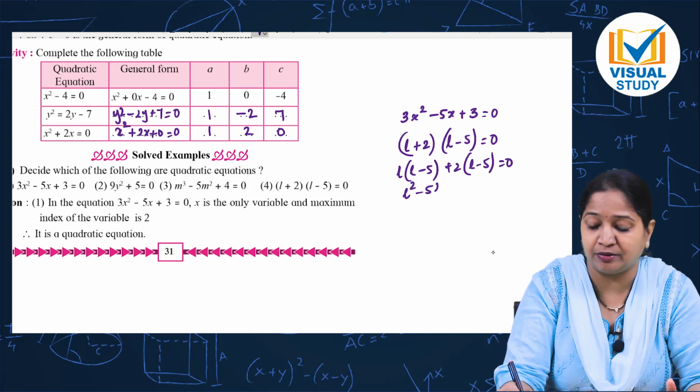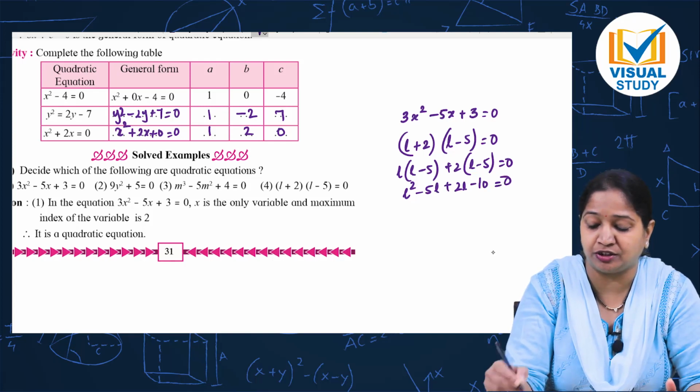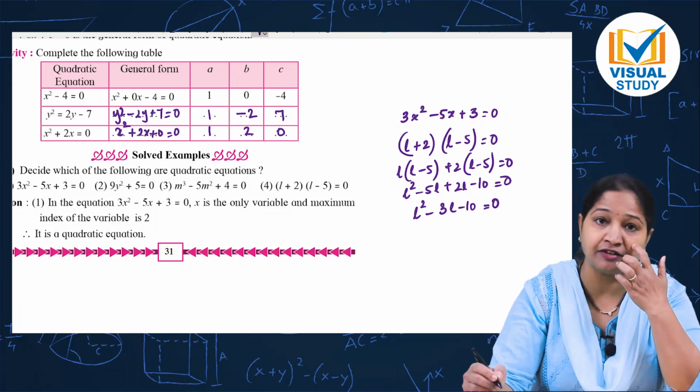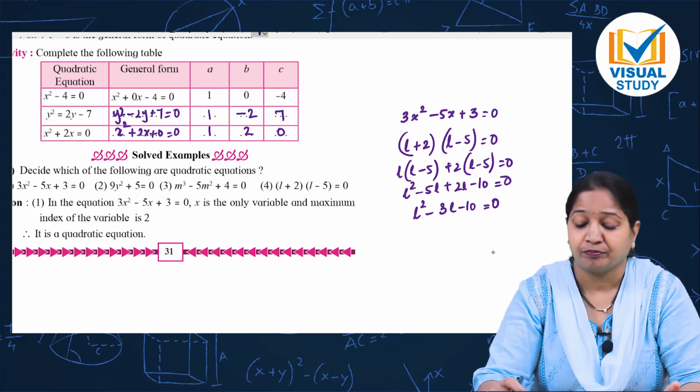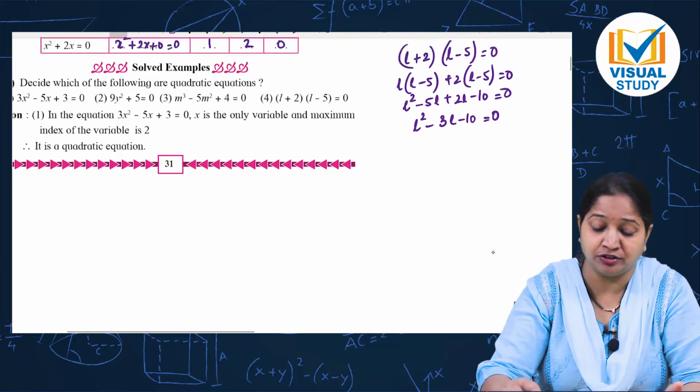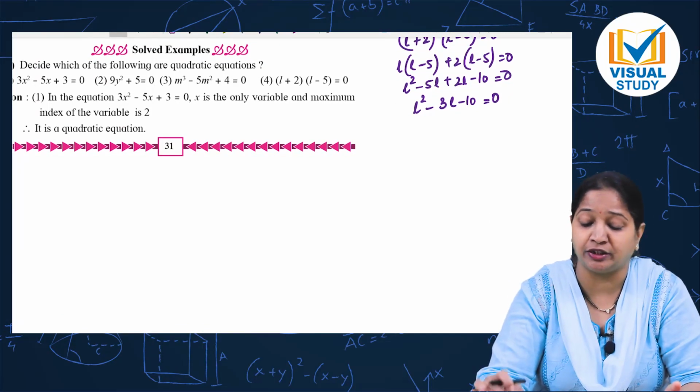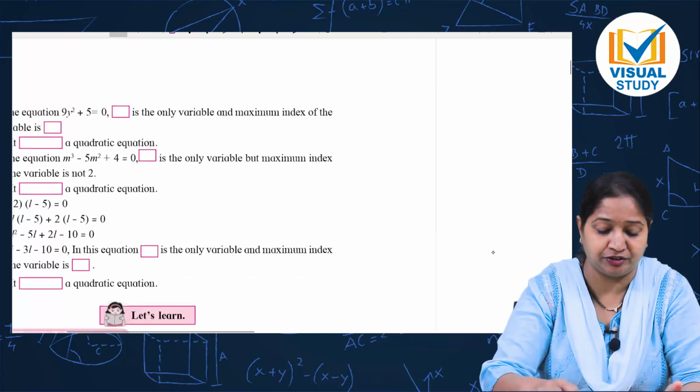You get l square minus 5l plus 2l minus 10 equal to 0. l square minus 3l minus 10 equal to 0. Yes, it is a quadratic equation because the first term, that is l square, has maximum index 2, so it is a quadratic equation.